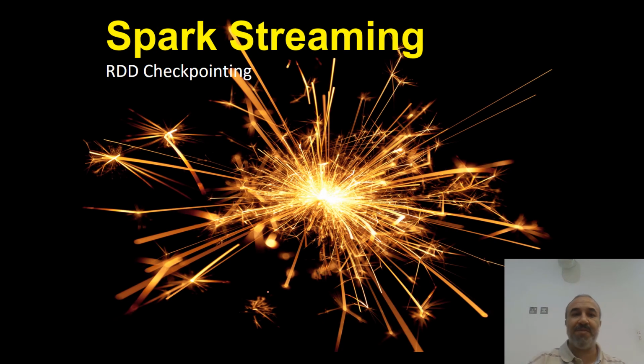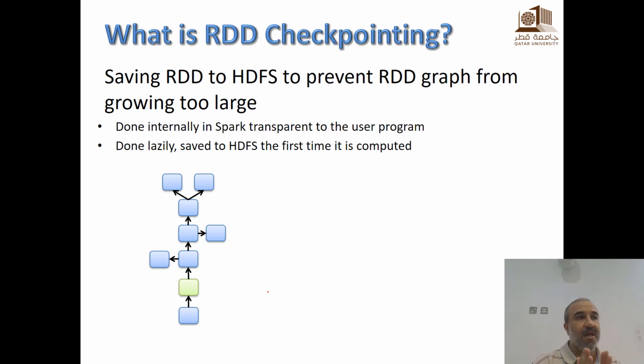There is another mechanism also in Spark Streaming, which is checkpointing. So what is checkpointing? This is very similar to the meaning of checkpointing in general. It means that we save the RDDs to HDFS to prevent the lineage graph from growing too large.